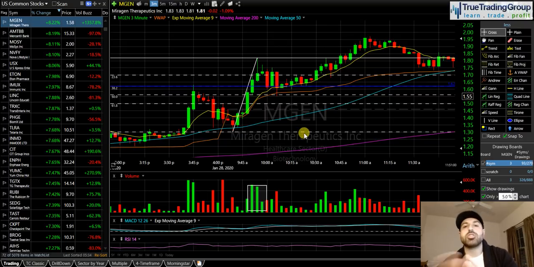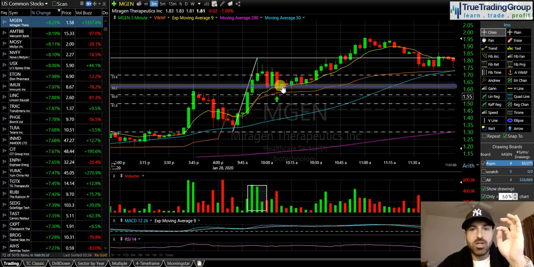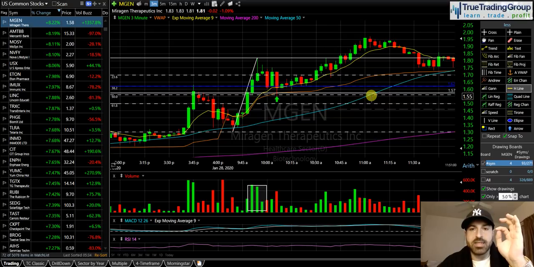But now, where else do you see support? There's a secondary level here that I want you to recognize, and it's right there. Right there, you have the 50 Fibonacci level, and it lines up with VWAP perfectly. So you've got a primary level up here around 162, and then you've got a secondary level right down here at 155.